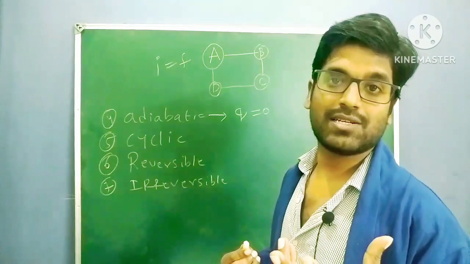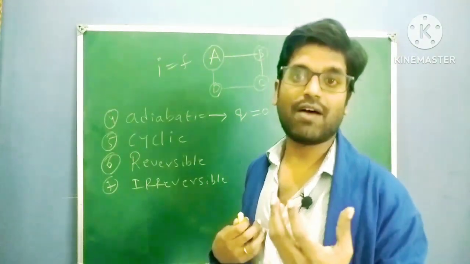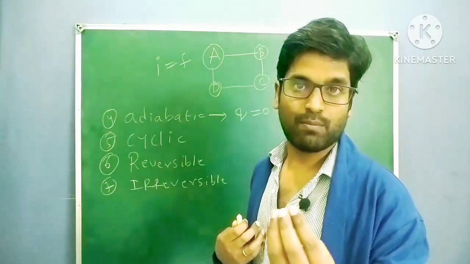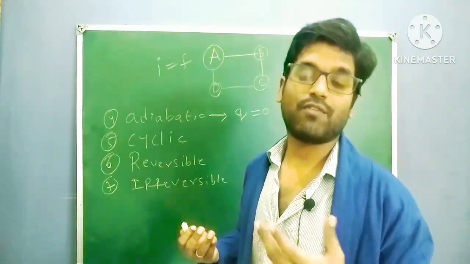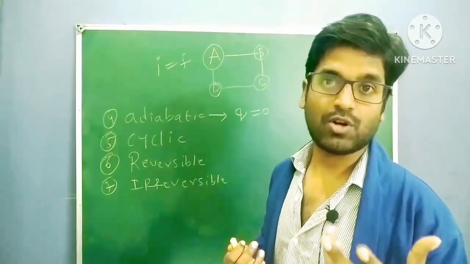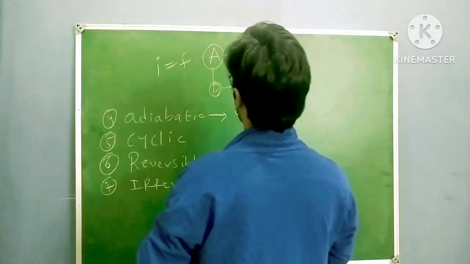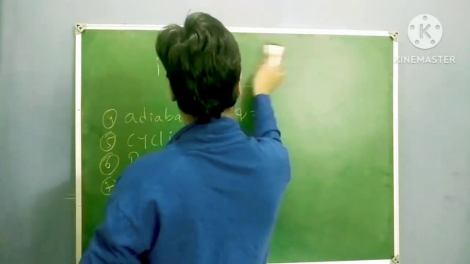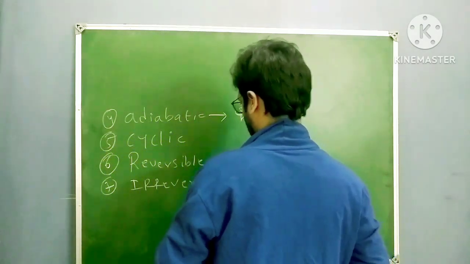So whenever your initial state and final state are the same, suppose at the initial state you have 5 kilojoule per mole internal energy. Again at the final state, you also have 5 kilojoule per mole internal energy. So the internal energy of the system does not change. In the same way, delta H will also not change. So whenever we have a cyclic process, initial state is equal to final state, so the state of the system does not change.